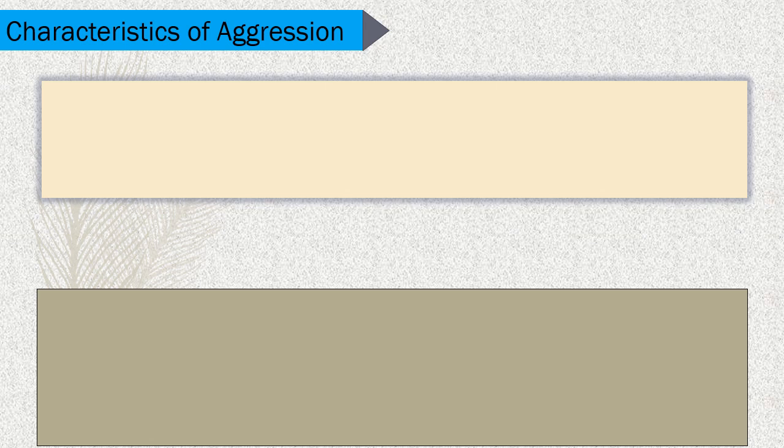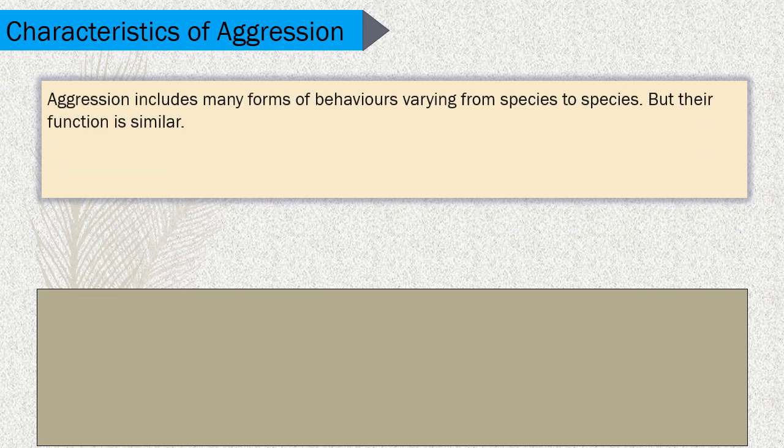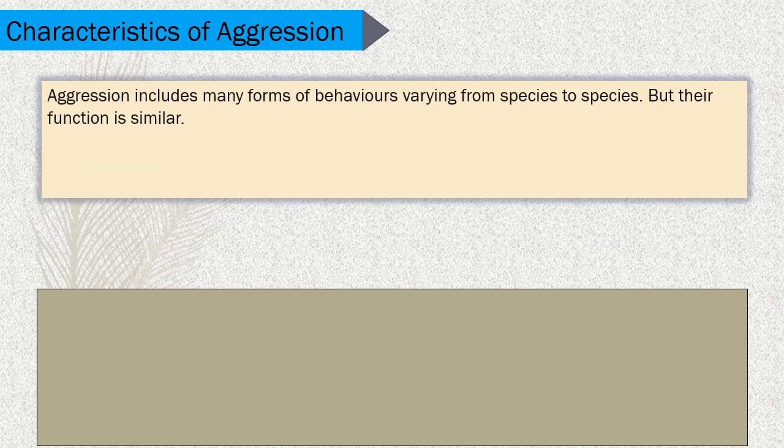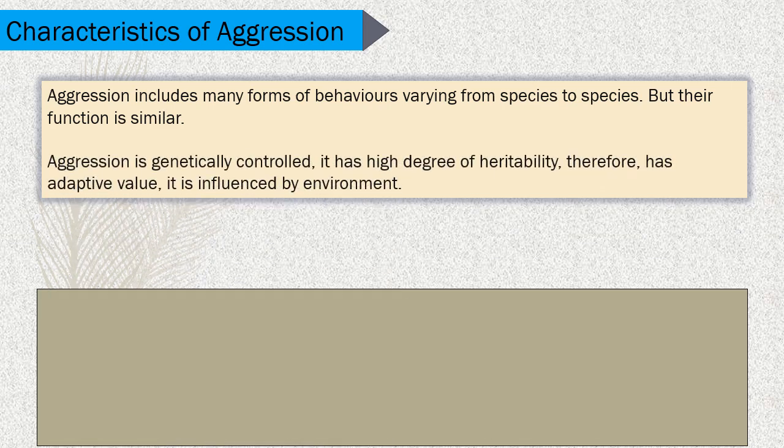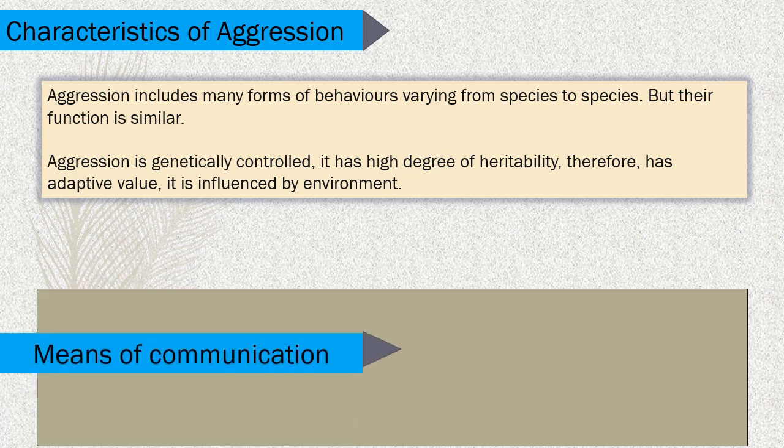Characteristics of aggression. There are many characteristics of aggression, but some of them are: aggression includes many forms of behaviors varying from species to species, but their function is similar. Aggression is genetically controlled. It has high degree of heritability and therefore has adaptive value, and it is influenced by environment.